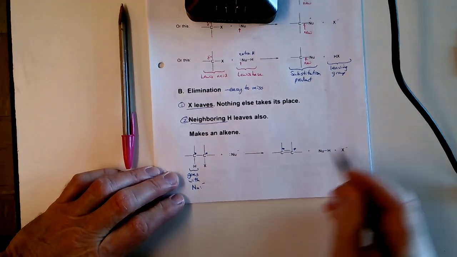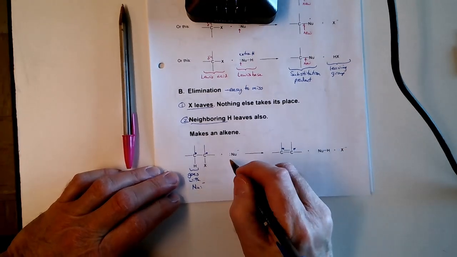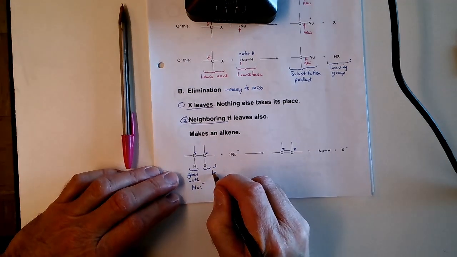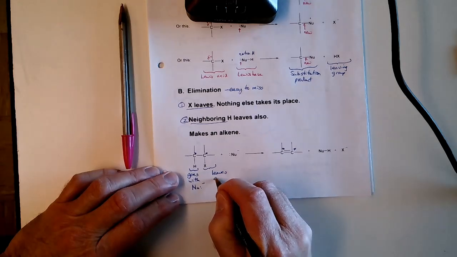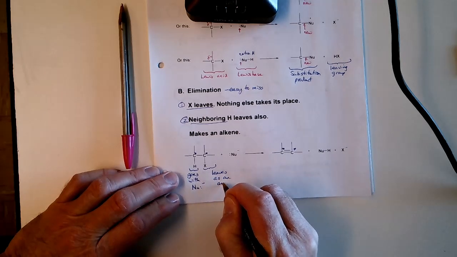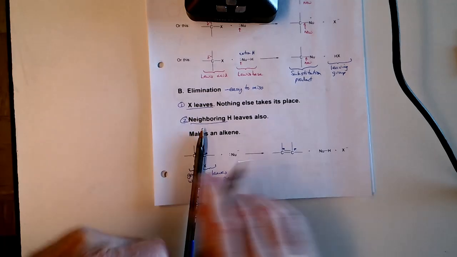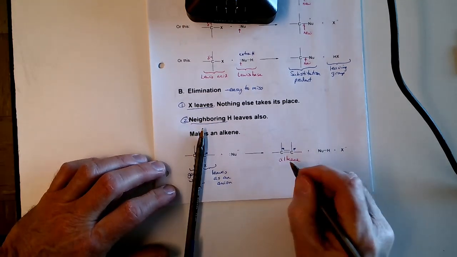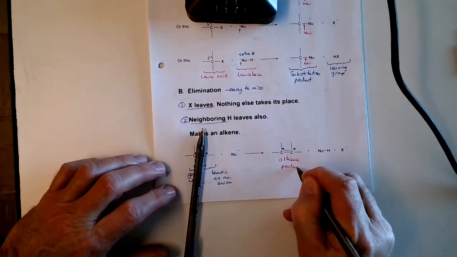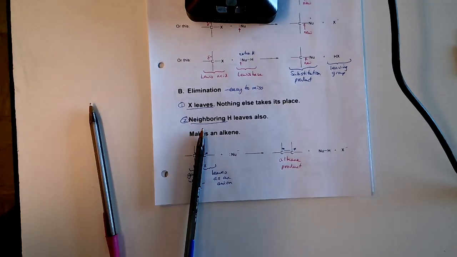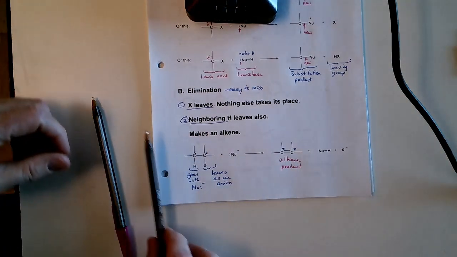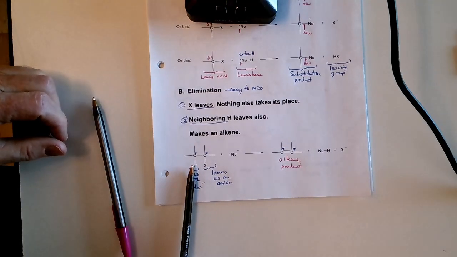Meanwhile, the halogen gets knocked out, and so let me add a little story about it. This leaves as an anion. And notice the big story over here. You now have an alkene product where there was no alkene before. It got created because one partner on either side of the two carbons got removed in the reaction itself.